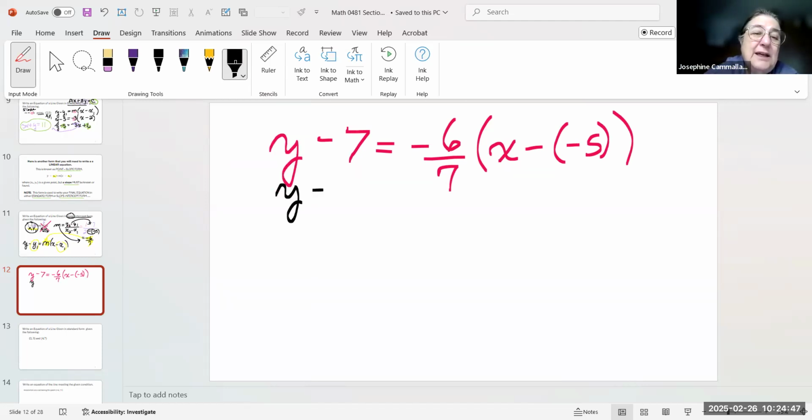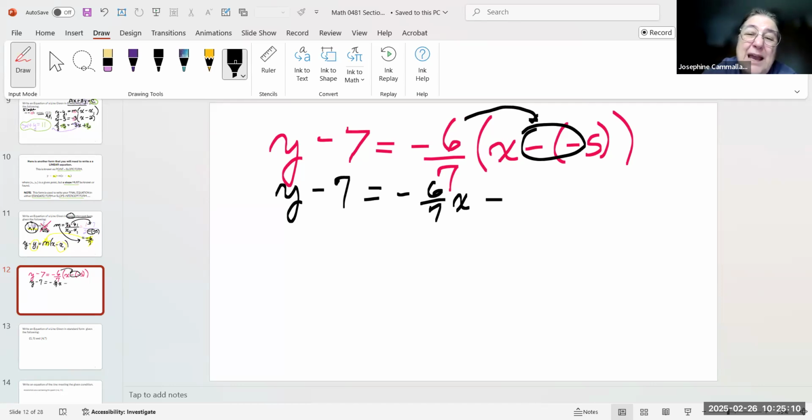Y minus 7. Okay, let's take this a little bit at a time. This is negative 6/7 x. Now remember, this is a positive 5, and I'm distributing. So this will give me a minus 30/7.